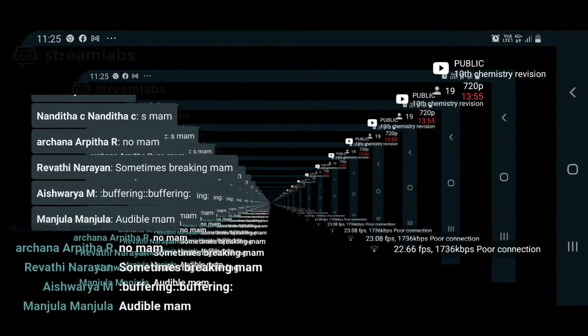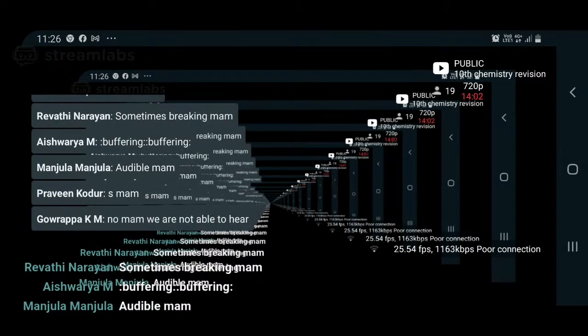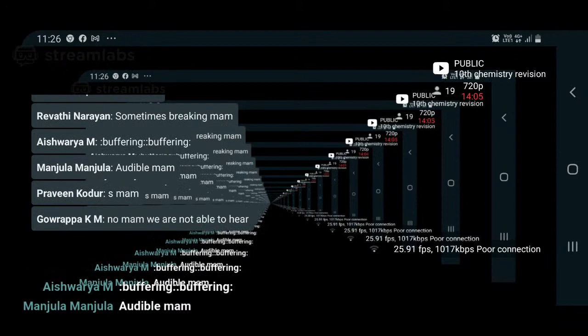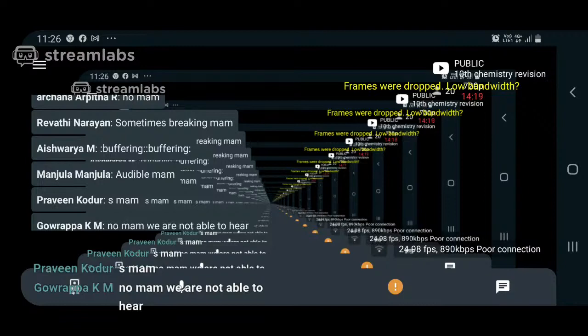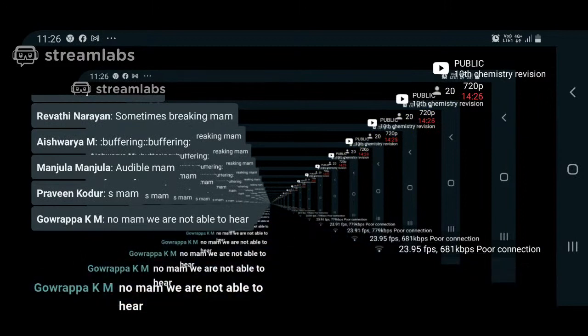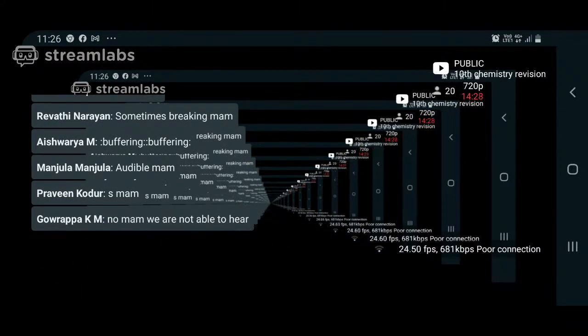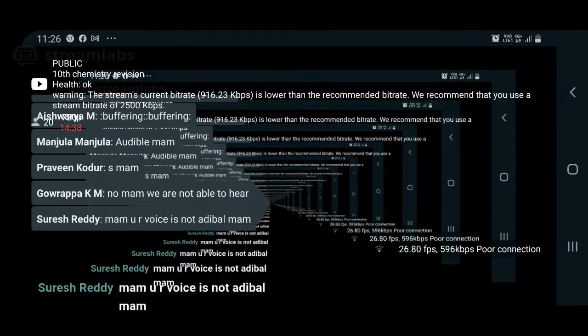Okay, I think it will be rectified because I'm not sharing the screen. I thought of sharing the screen. I have images on metals, non-metals, acid, bases and salts, carbon and its compounds. Okay, but I hope it will be rectified.